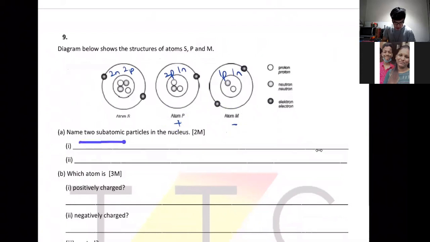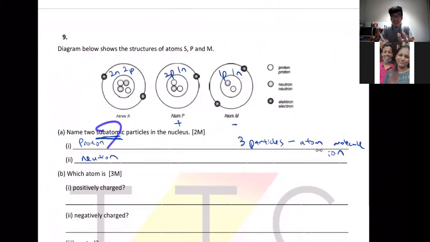Name 2 subatomic particles in the nucleus. That would be your proton and neutron. Take note, subatomic means inside. If they are asking for the 3 particles, then that's your atom, molecule, and ion. Do not confuse. If they are asking for subatomic, then that's proton, neutron, and electron.